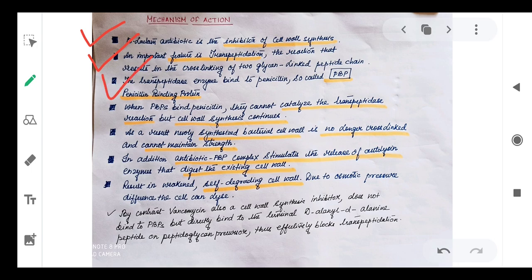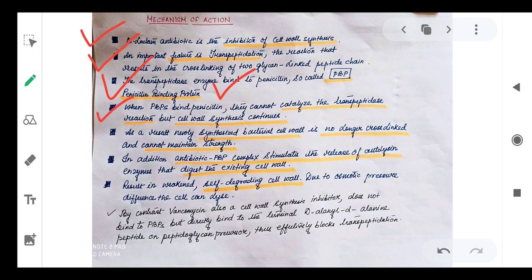The transpeptidase enzyme binds to penicillin, hence the name penicillin binding protein. Why are they called penicillin binding proteins? They are called penicillin binding proteins because transpeptidases have the ability to bind with penicillin.